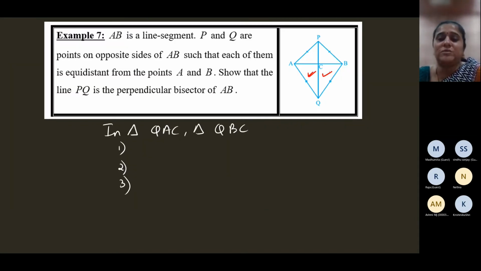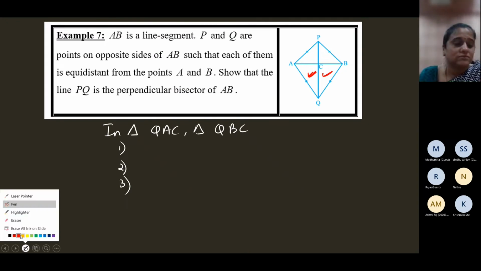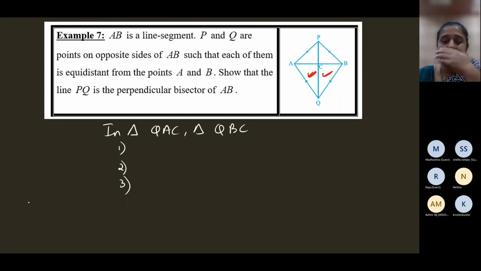Now tell me the information available to show that these two triangles are congruent. Quickly. Fast, fast. AP is equal to BP. AP and BP, they are not a part of.